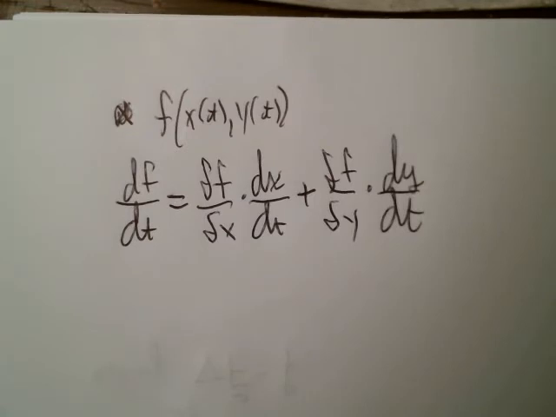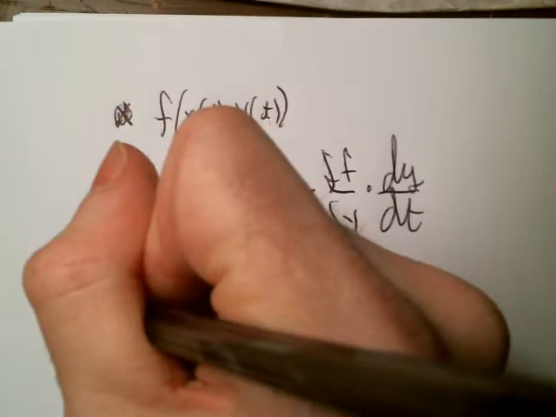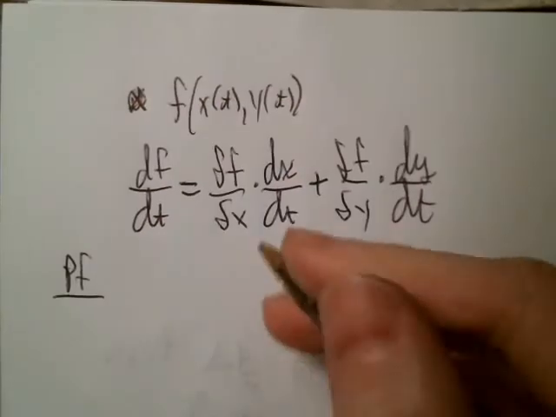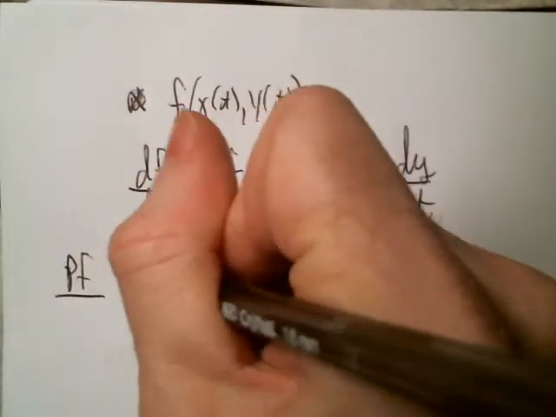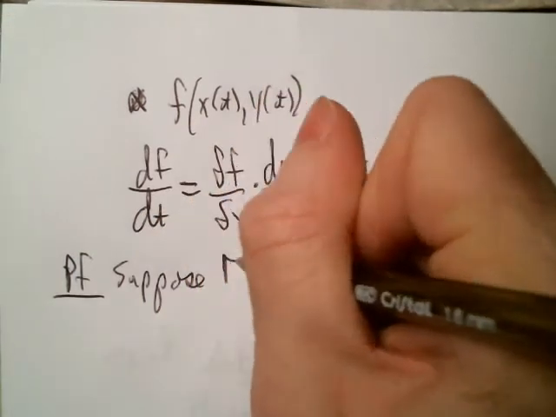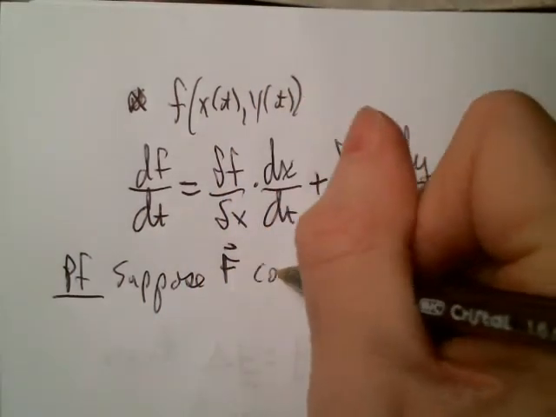Okay, so let's get at it then. Proof, in case I didn't note that already. Suppose our vector field f is conservative.